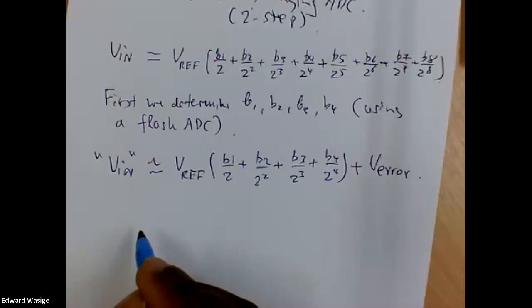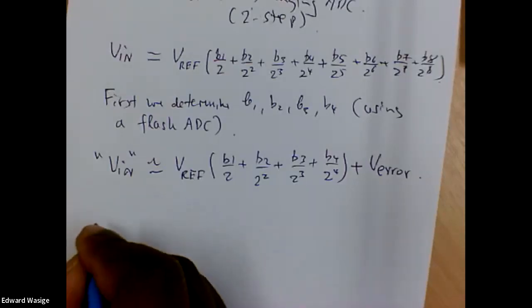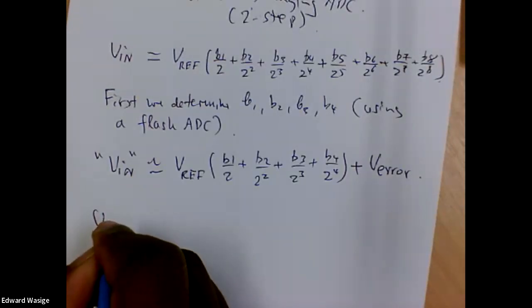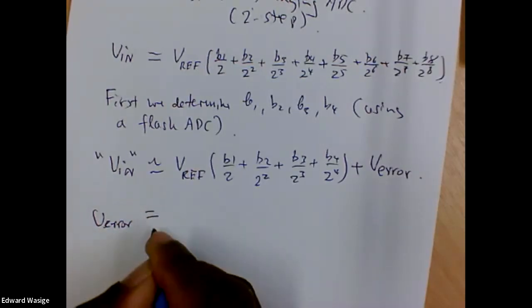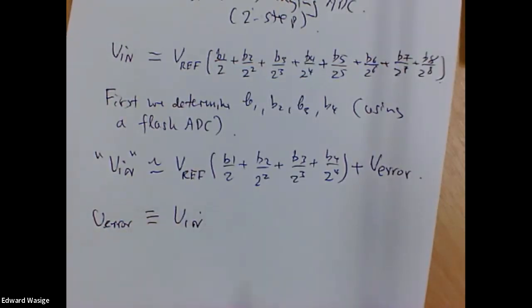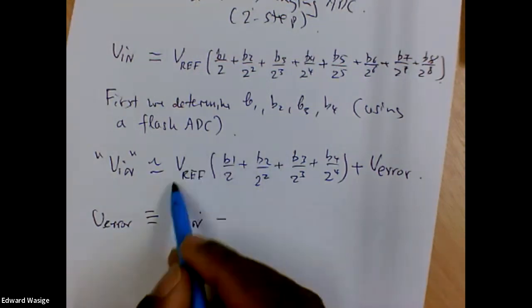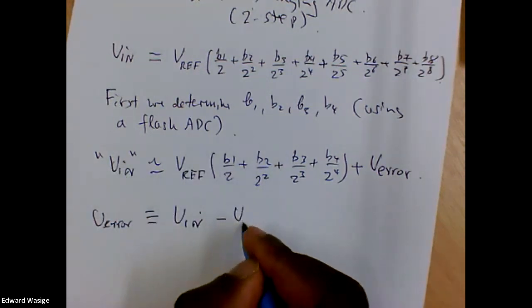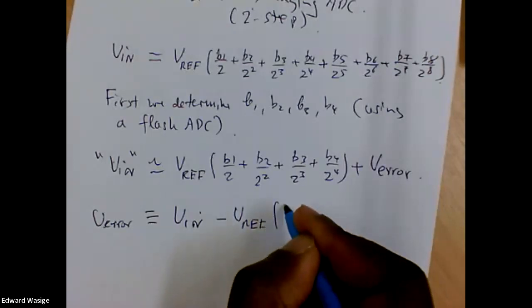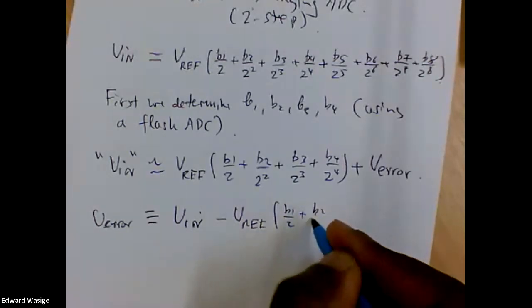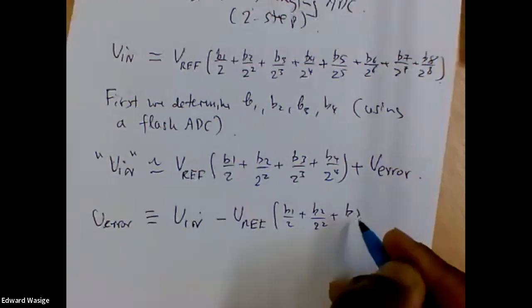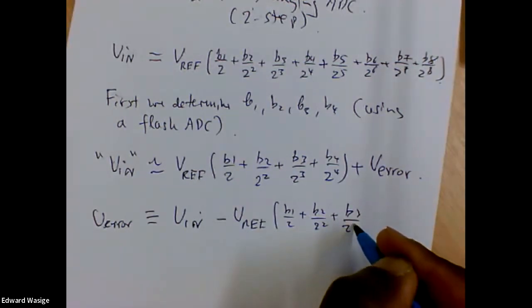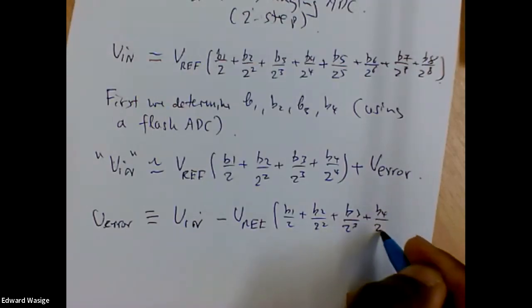So the way we do this is, our error voltage will be equal to our input voltage that we actually got, minus the approximate voltage, which is Vref times B1 over 2 plus B2 over 2 squared plus B3 over 2 cubed plus B4 over 2 to the power 4.